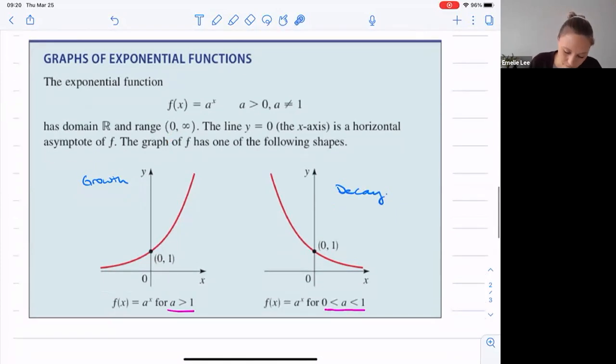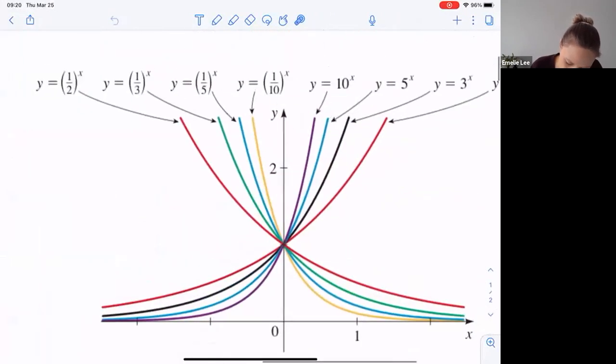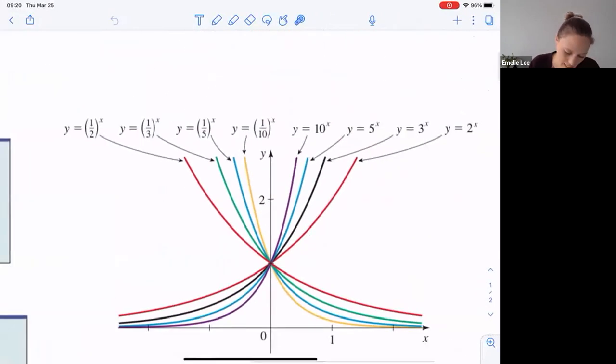So, good. I won't bring this one in, but I do want to look at it. Depending on what the base is, right, the graph of this function is going to change shapes. But look here, all of these are going through (0, 1). So that's an interesting property. If we kind of analyze it a little bit, this is at x equals 0. Well, anything to the power of 0 is what?